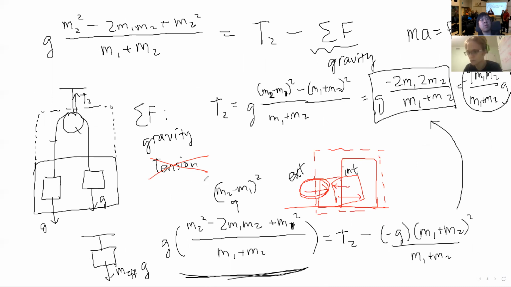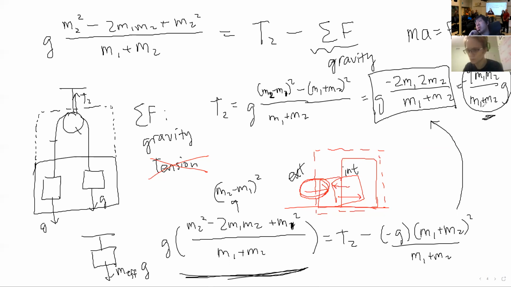However, the mass of the box is not just equal to M1 plus M2, because there's something happening inside of the box that changes the effective mass, which is why the effective mass is equal to this expression that we have here, which is 4m1m2 over m1 plus m2, times g, right? But then once we have this value, we actually can treat it as the mass of just a box, which is to say we can multiply it by g.